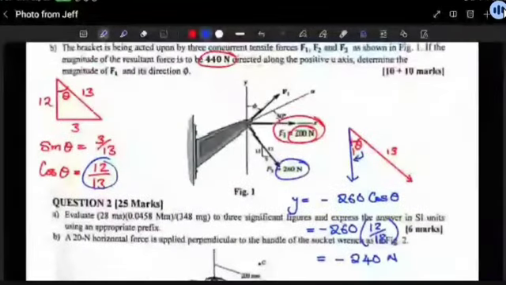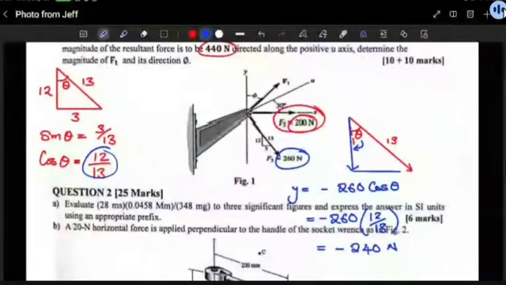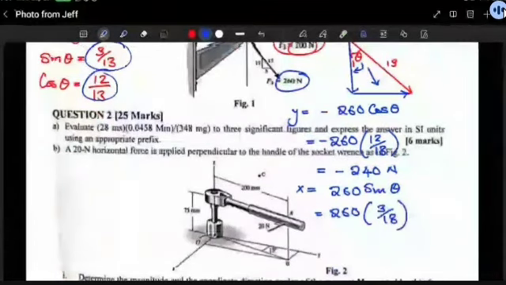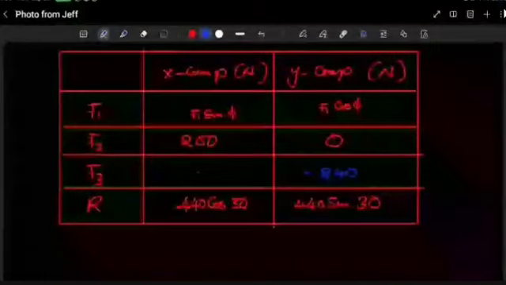In the same way, we can get the x component. X component will be going to the right, so expect it to be positive. And it will be 260. But it will be opposite to the angle theta, so it will be sine. But we recall that sine is 3/13. So we now have this. Is this 60? So get 60.